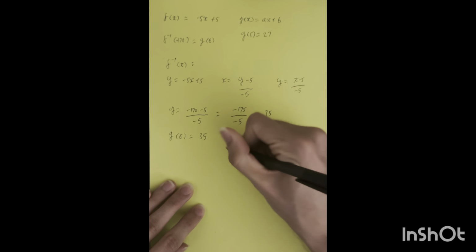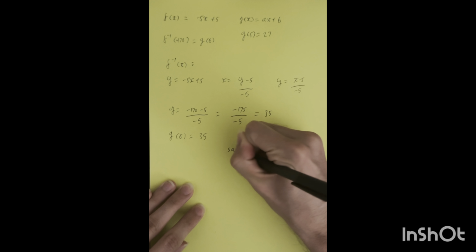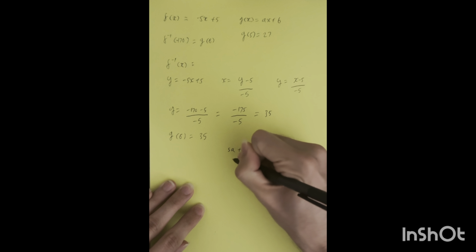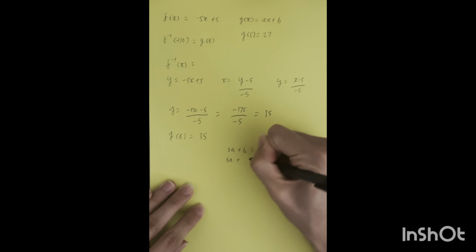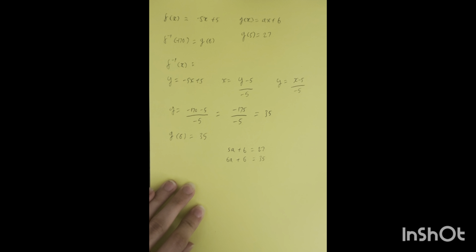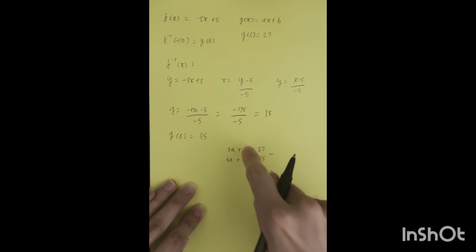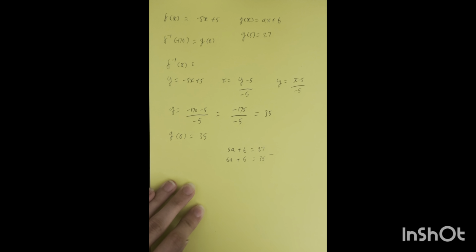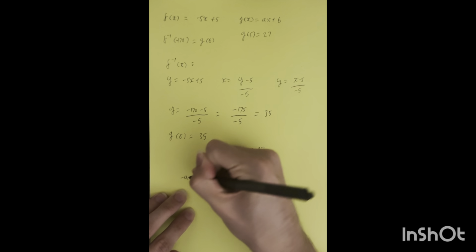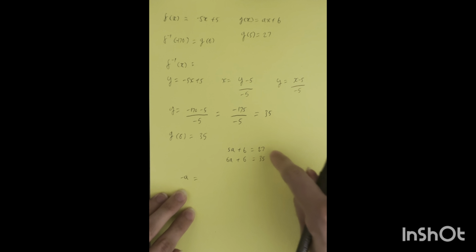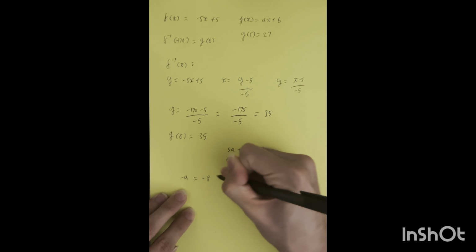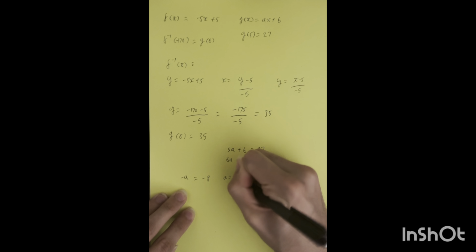So 5a plus b equals 27, and 6a plus b equals 35. Now we can subtract these equations because b subtract b is 0, eliminating the b variable. So minus a equals 27 minus 35, which is minus 8. So a equals 8.